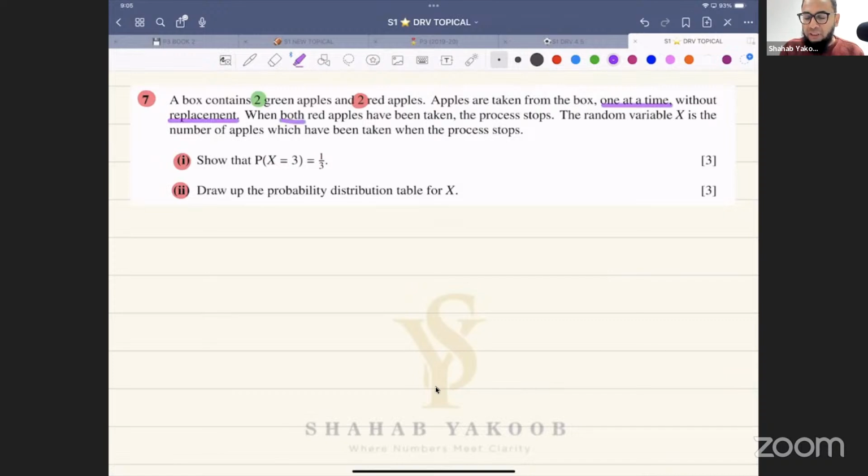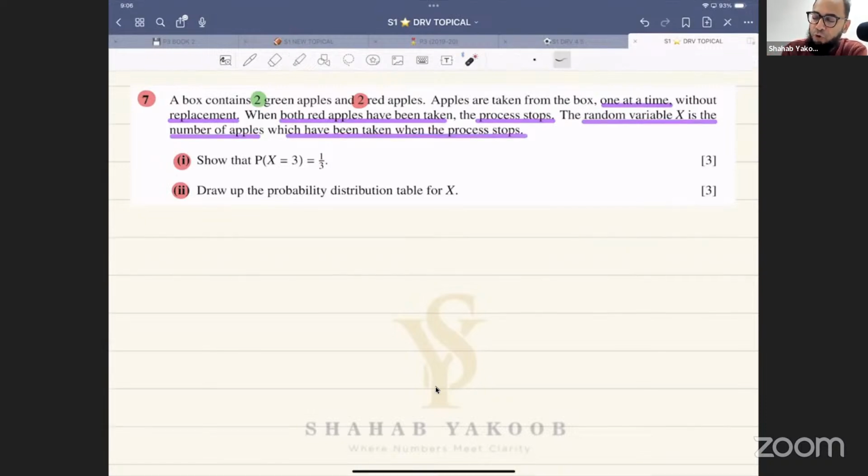When both red apples have been taken, the process stops. Now this is something new. That means the focus is on taking 2 red apples. Whether you are lucky and you get 2 red apples initially, or you get a green apple and then 2 red apples, different scenarios are there. The random variable x is the number of apples which have been taken when the process stops.